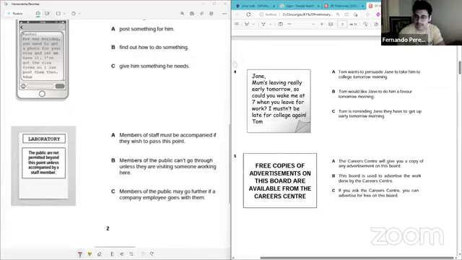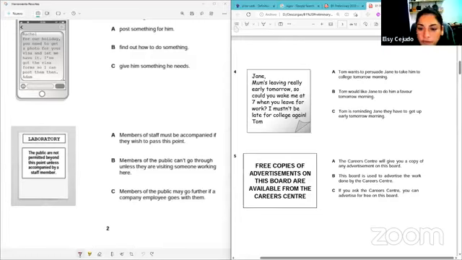So let's go to the next. Number 4. Elsie, what is the answer? Letter B. Tom would like Jane to do him a favor tomorrow morning.